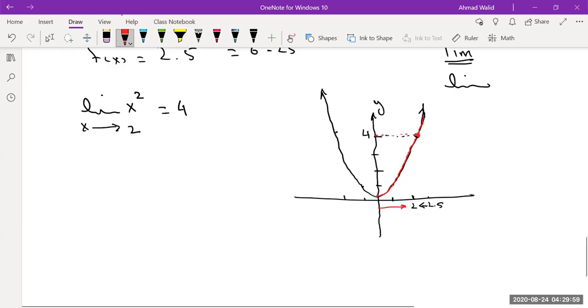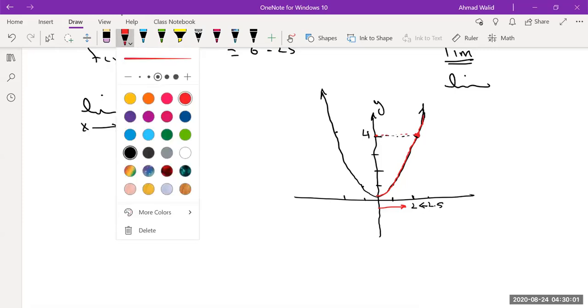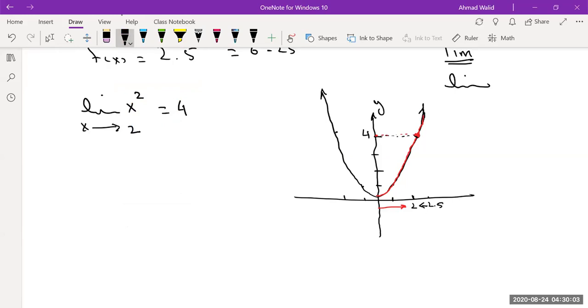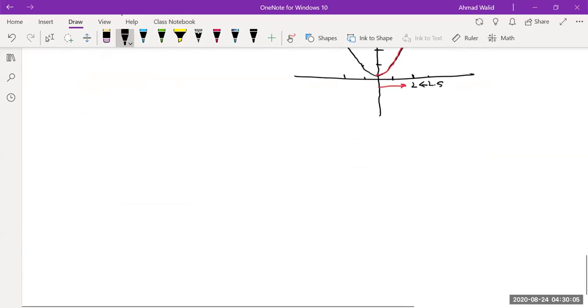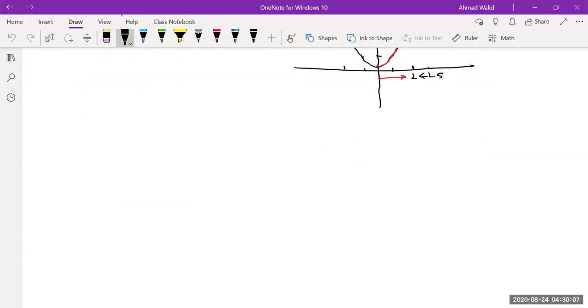Now, some notes. In general, you can say that, let me write in general.